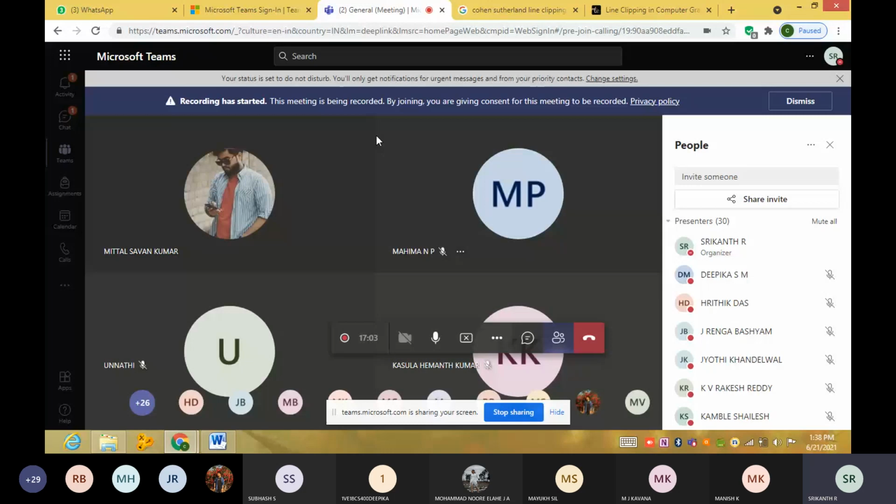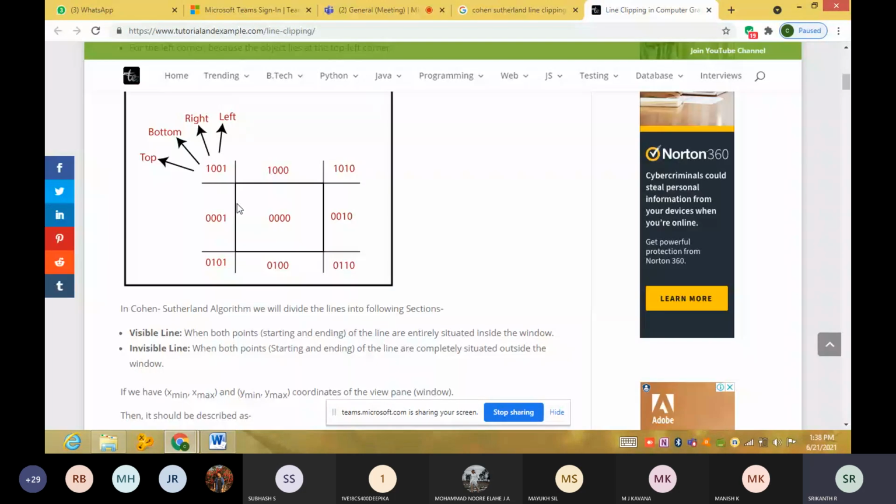Note, what it is going to do is it is going to divide the entire screen into 4 parts: left, right, top, bottom. Left bit is set to 1, right bit is set to 2, top bit is set to 4, and bottom bit is set to 3. And what it is going to do is it is going to assign the bits. 1 means 0001, 2 means 0010, 3 means 0100, 4 means 1000. And this bit is got by the combination of left bit and top bit.